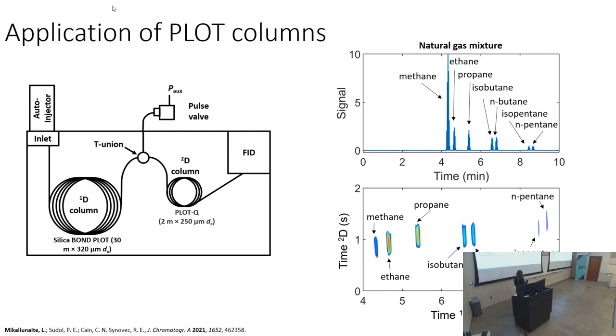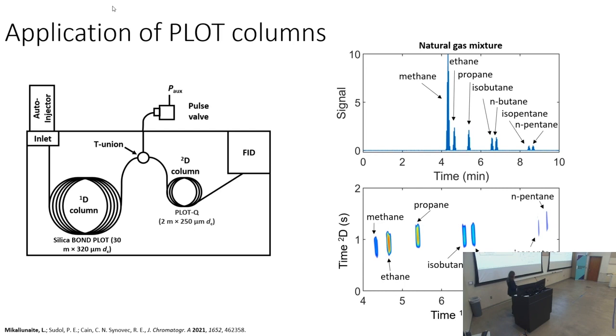Here you can see how that looks, and in the two-dimensional space it's easier to see. We have these very, very light analytes, methane and ethane. And what's very impressive is that the system separates very nicely isomers like isobutane and n-butane that would be pretty much impossible to separate on a wall-coated column.